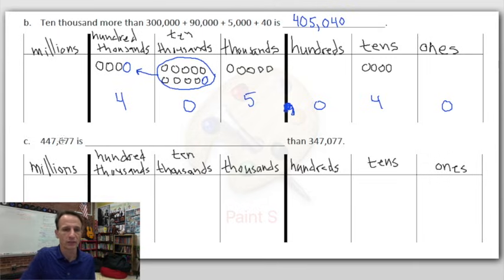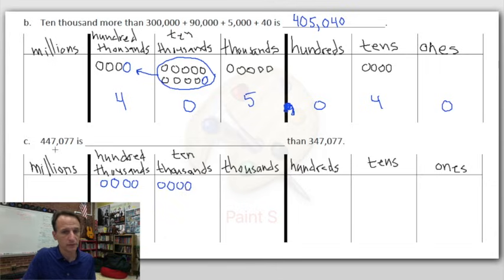So let's go ahead and look at this. 447,077 is blankety blankety blankety blank, then 347,077. Okay, so let's start by drawing out our first number here. We have 400,000s. I'm just sticking with the blue here. In the 10,000s place, we have 4 again. 2, 3, 4.